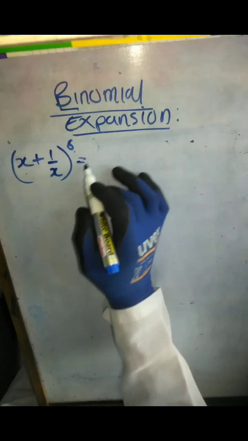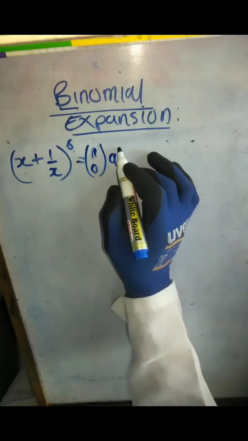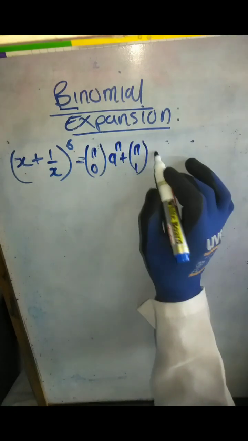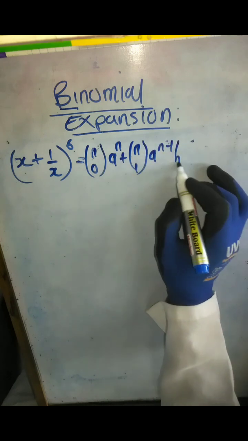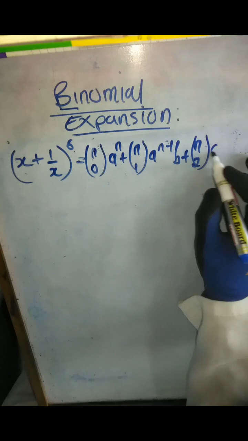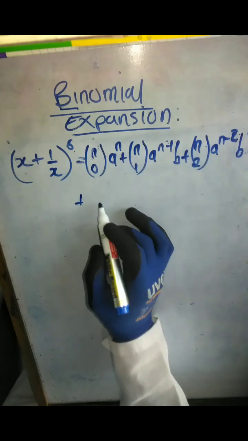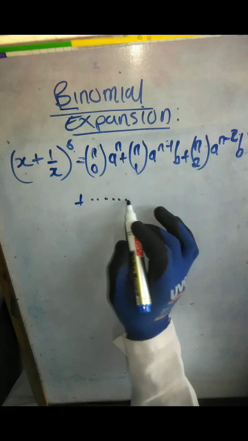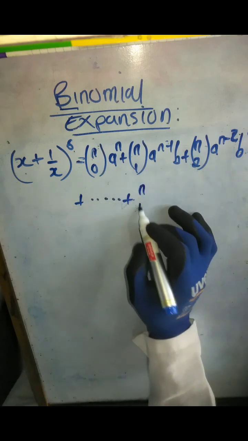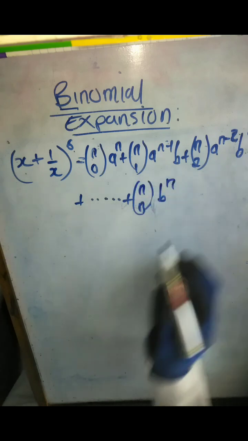So this is equal to, you start with n combined 0, then a to the power n, plus n combined 1, then a to the n minus 1, then b, plus n combined 2, then a to the n minus 2, then b squared, plus and so on, then plus the last term, n combined n, then we just write b to the power n.